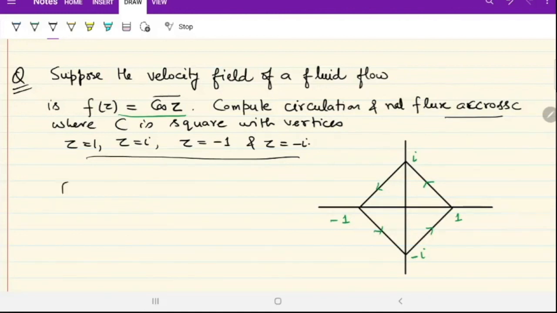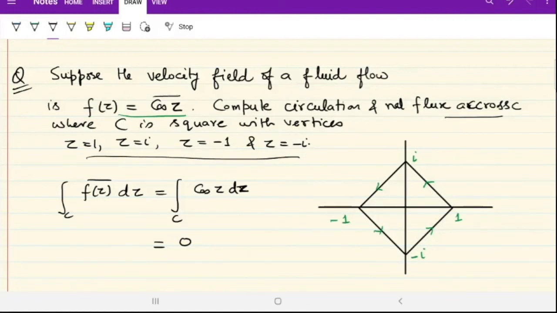Over C, when we compute the integral of f(z) conjugate, it's going to be cosine z, because f(z) is cos z conjugate. When you take the conjugate of cos z conjugate, you'll just get cos z. Since it is an entire function, and you have a simple closed contour in the positive direction, this integral will be 0. So without actually computing the integral, just by applying the Cauchy-Goursat theorem, we obtained this integral to be 0.